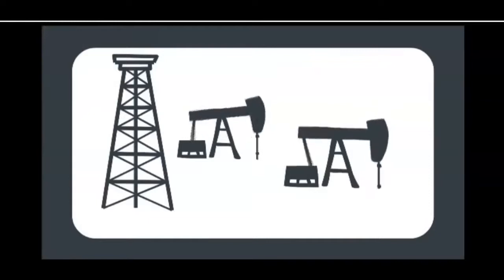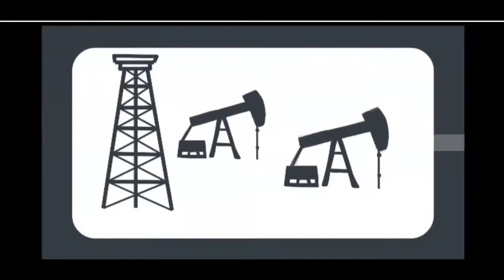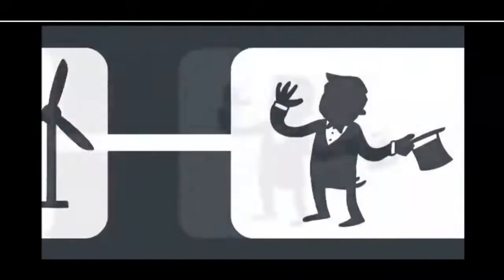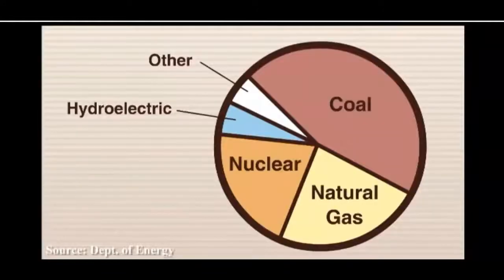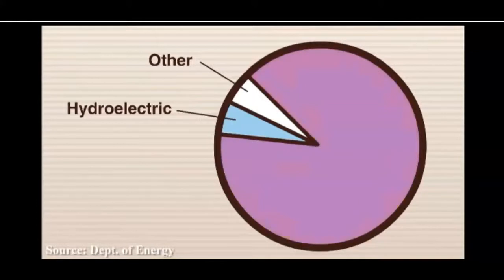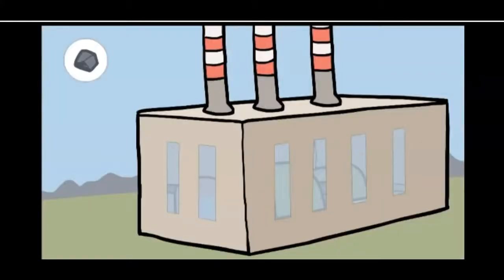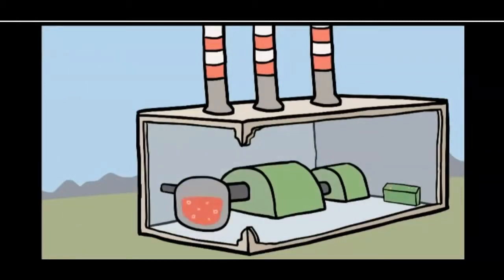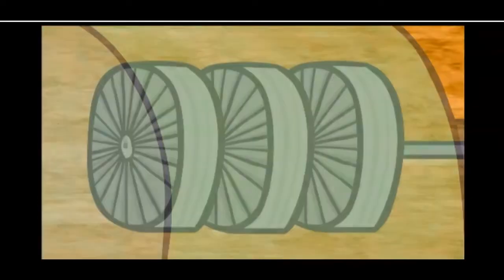Every day, researchers work to find innovative ways to use our limited resources, process raw materials, harness renewables more efficiently, and find entirely new energy sources. Today, the majority of America's electricity comes from thermal power plants. Fuels like coal, natural gas, biomass, and uranium are used to heat water until it produces steam, which powers a turbine and generates electricity.